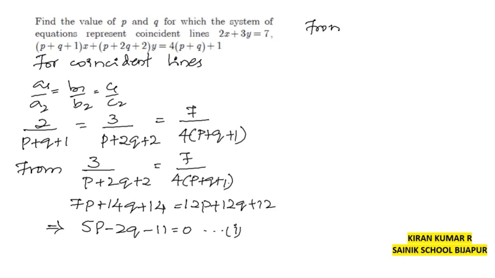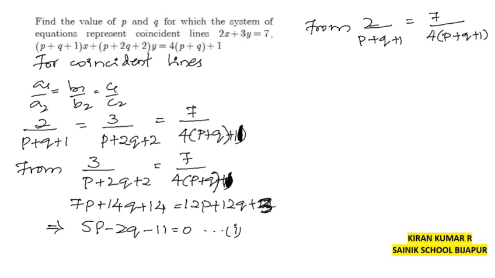Now I'll consider 2 divided by p plus q plus 1 and equate it to 7 divided by 4 times p plus q plus 1. Sorry, I made a mistake here. This p plus q is there in the bracket. This one is separate. The bracket ends there, so this will be 3.